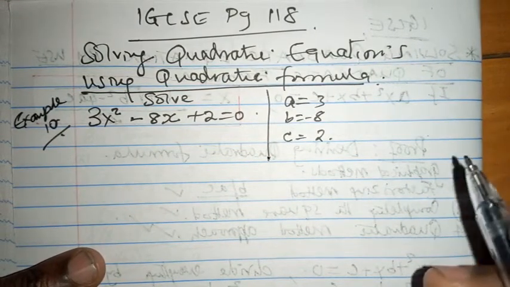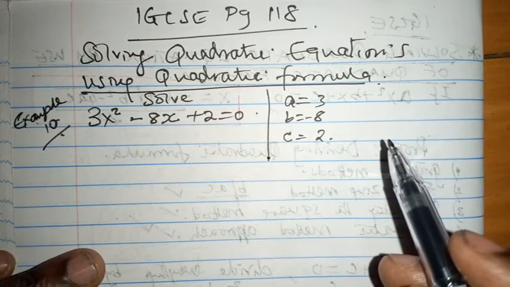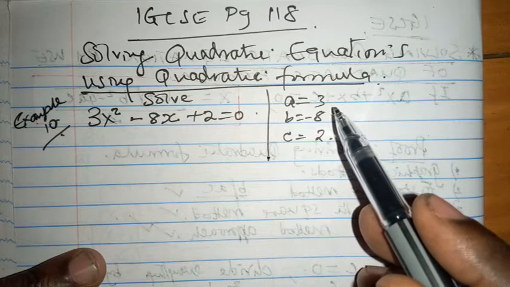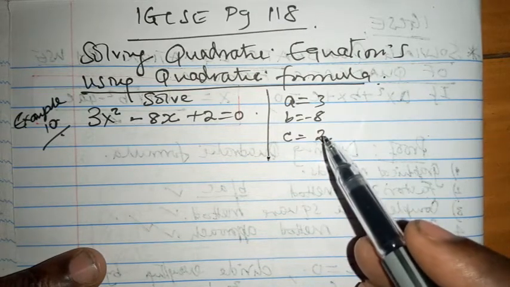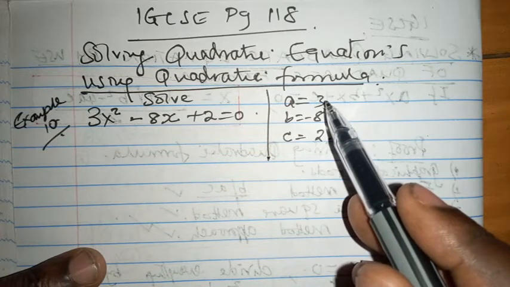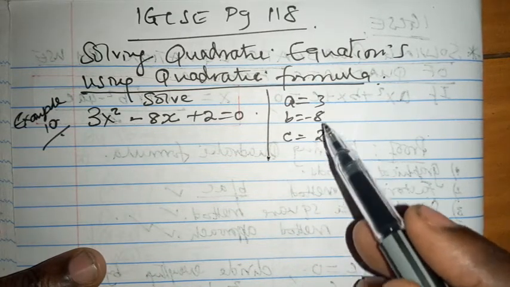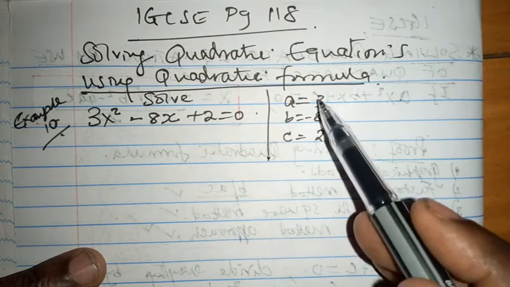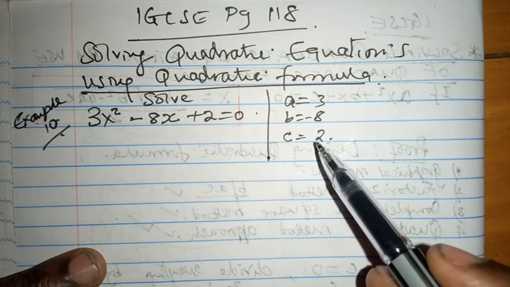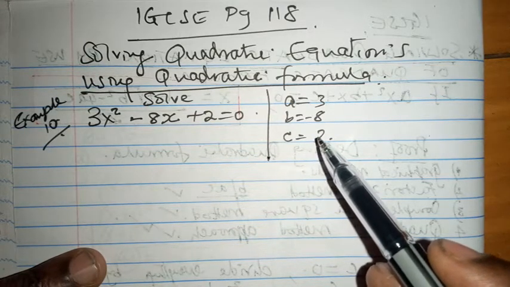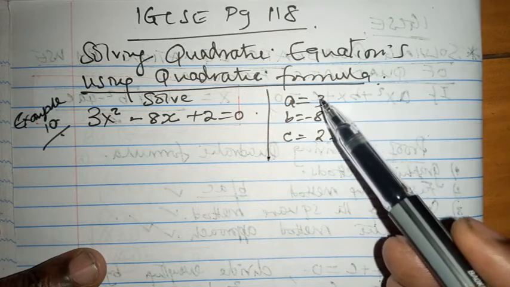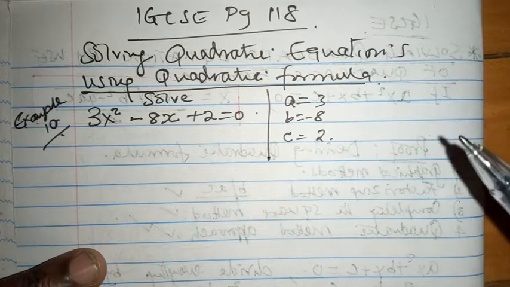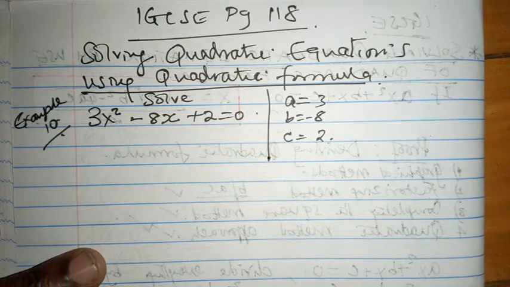And you can waste a lot of time before you realize that there are no such whole number factors, because two numbers that multiply to give you 6 are either 3 and 2, or 6 and 1, and that is it. When you add 3 and 2, you get 5. If they happen to be negative, negative 3 times negative 2, which is still 6, minus 3 plus minus 2 is minus 5. So there are no such numbers, so to speak.